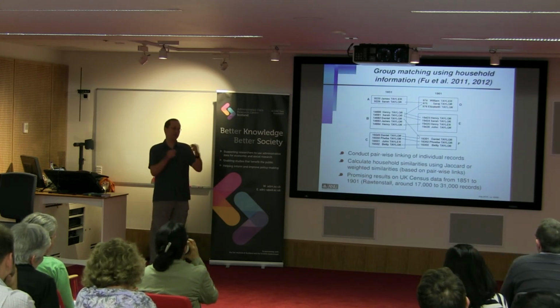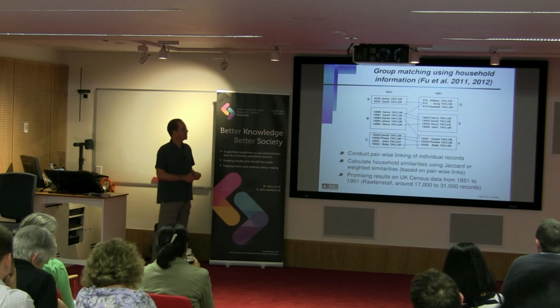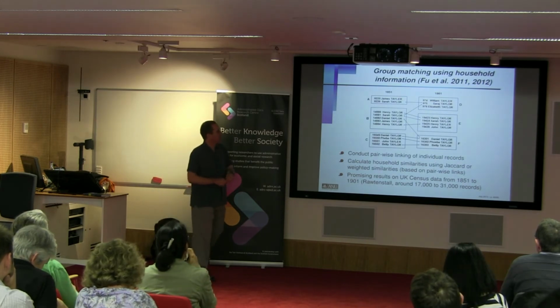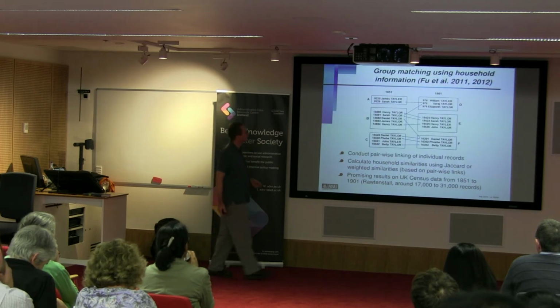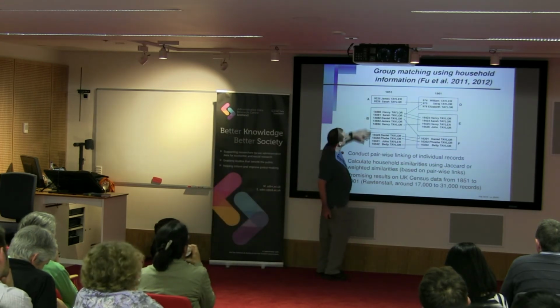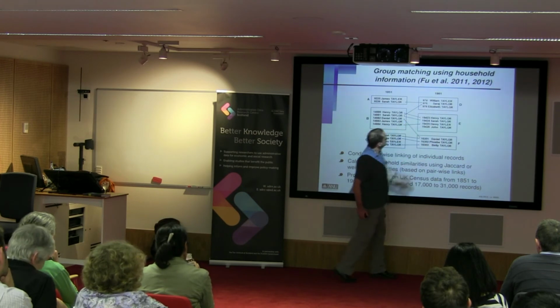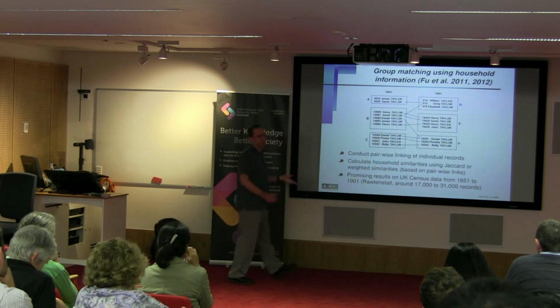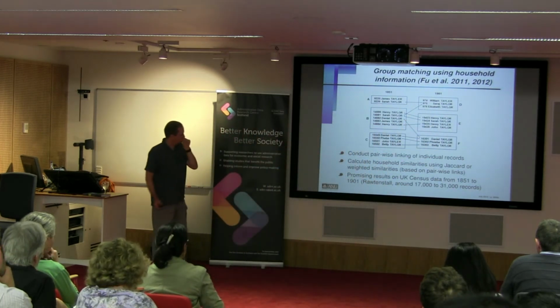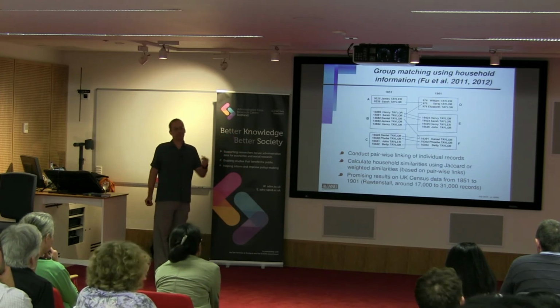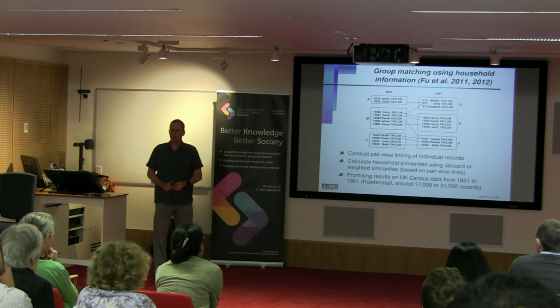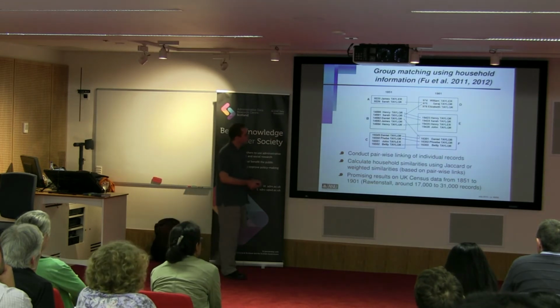So we link records across databases and households, and we build initial connections between individual people. So for example, here we have 3 households in 2 different censuses, one from 1851 and one from 1861. The arrows in between are the pairwise links which we build. And we can use this Felligi-Sunter approach I explained before to do this.